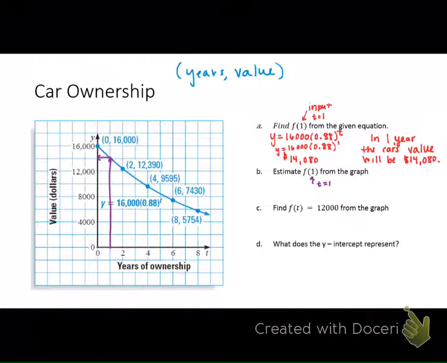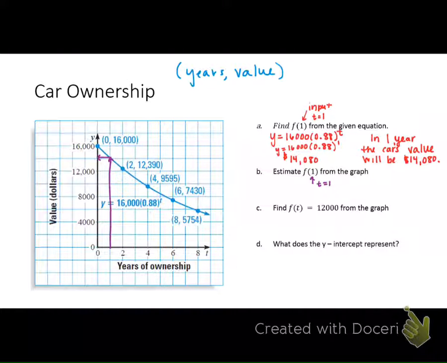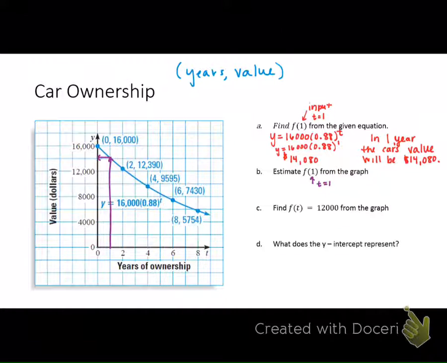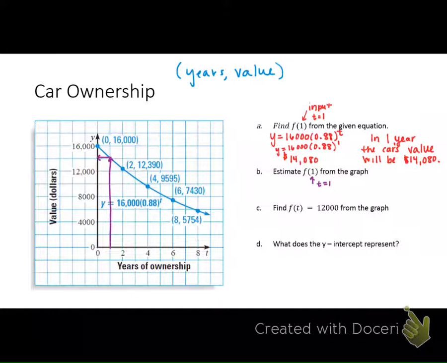I think that makes sense. If we were just to have looked at the graph, would we have said $14,080? No, right? That's kind of a random amount. So when you're estimating from a graph, it's really important that you say it's about this amount because it's an estimation. So you're right that it's $14,000 from that.